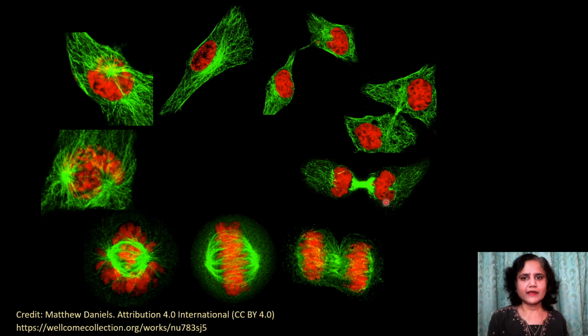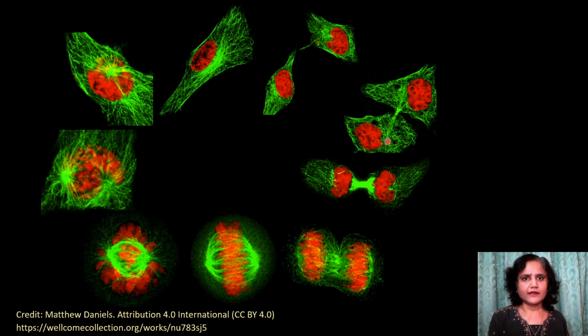Now the cells in telophase begin to flatten again, and there's formation of the mid-body, and you can see early cytokinesis, where now the chromosomes are decondensing, and the nuclear envelope has been reformed also.